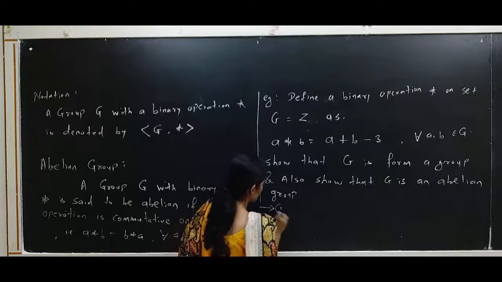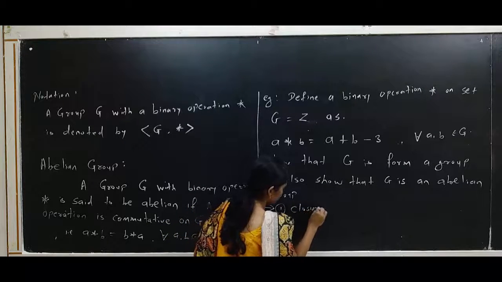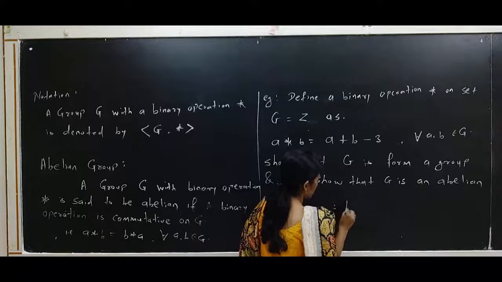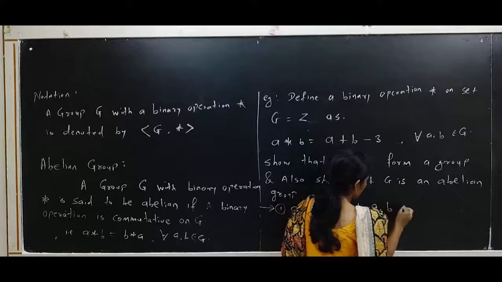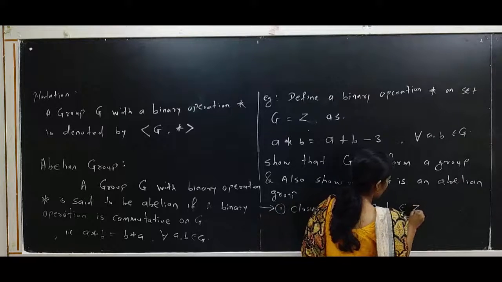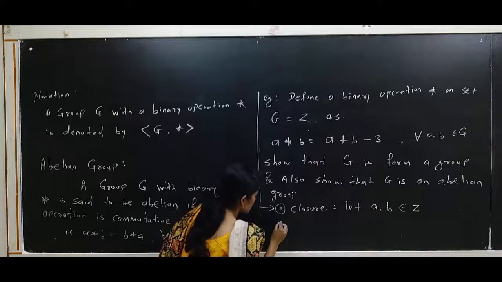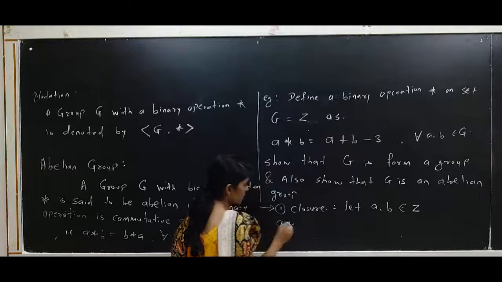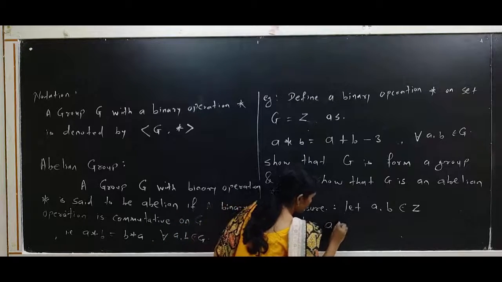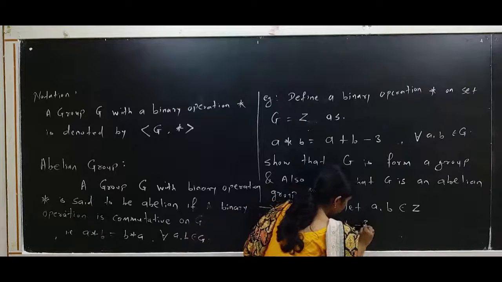So first, closure. Let a and b belong to the set of integers. Set G is nothing but the set of integers. Now by the definition of the operation, a star b is equal to a plus b minus 3.